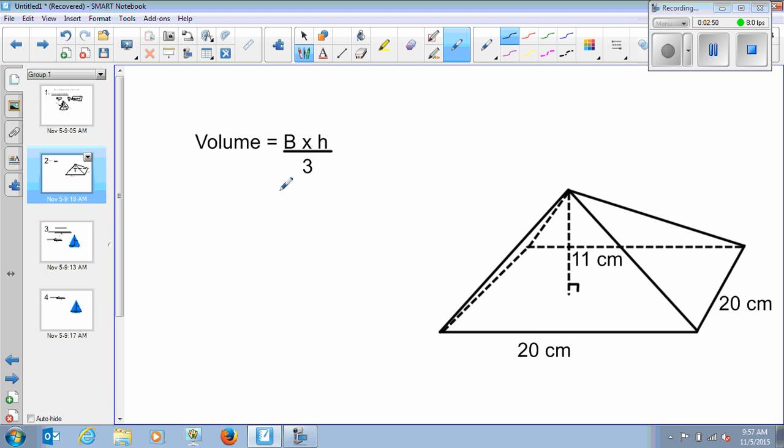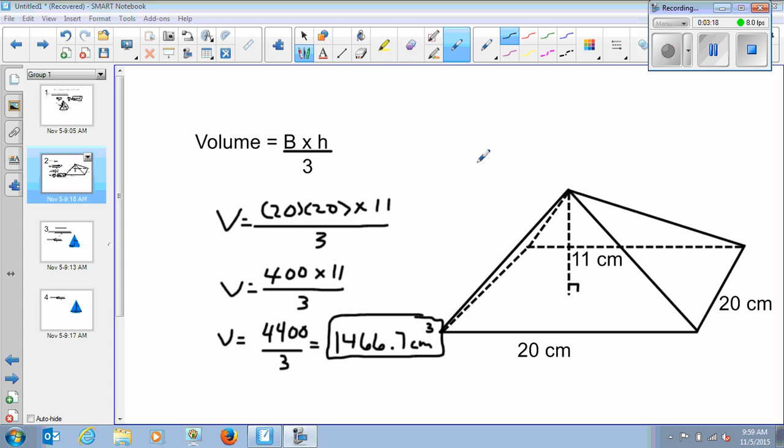So for the area of the base, we're just going to do 20 times another 20. And for the height of this pyramid, they give us the height is 11. And then we're going to divide that by 3 after we get the numbers. So volume is going to equal the area of the base, 20 times 20, times 11, the height, divided by 3. Go ahead and pause it, see if you can find the same volume that I will.